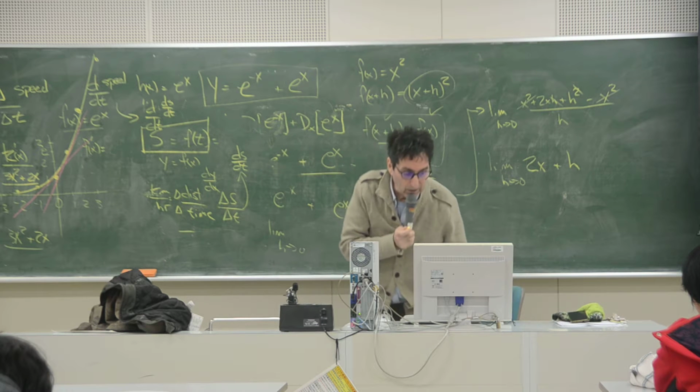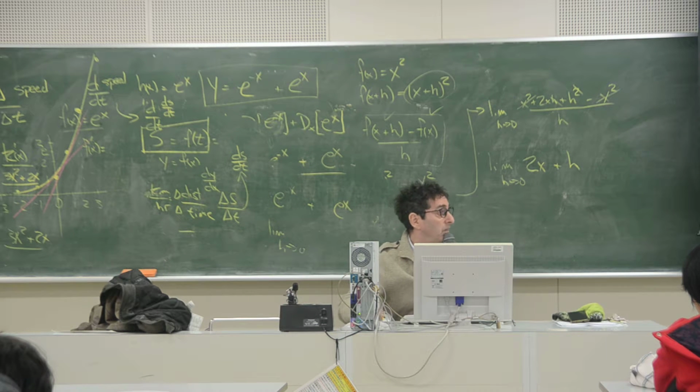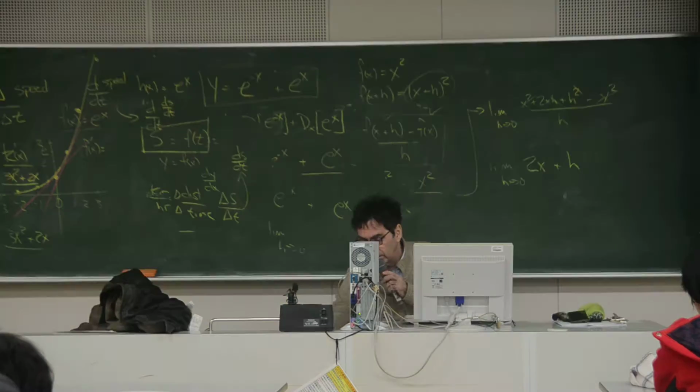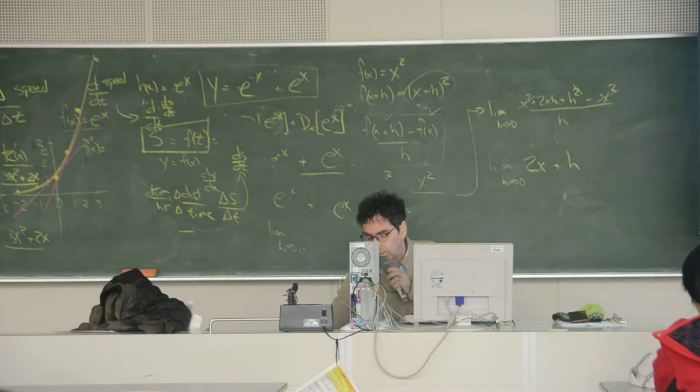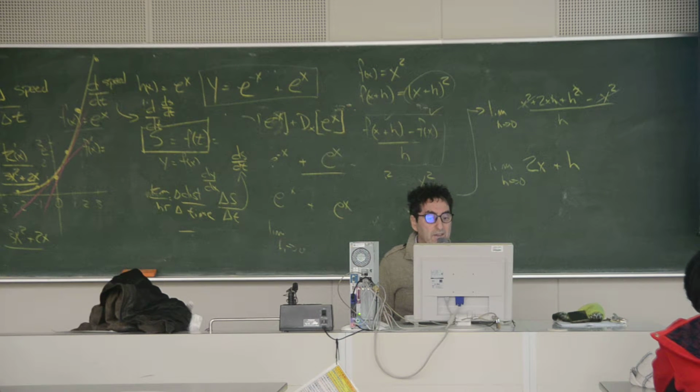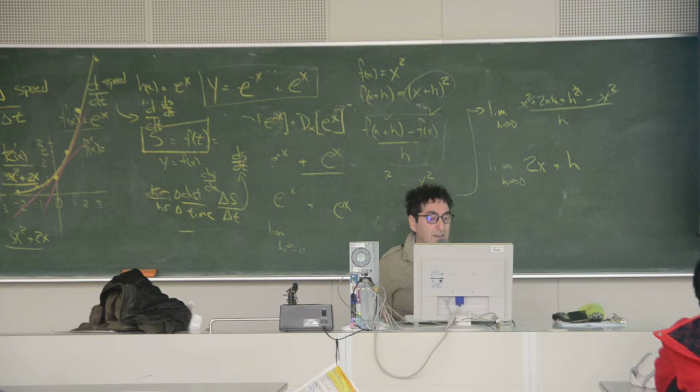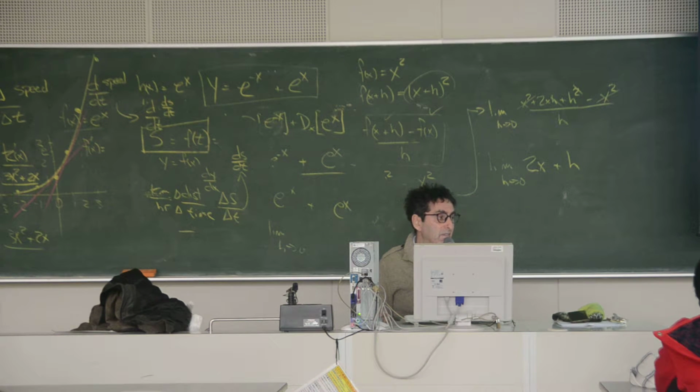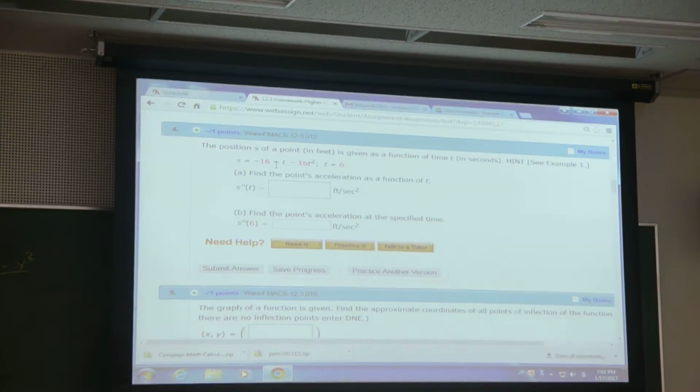So, here's the question now. It says the position s of a point is given as a function of time. So s is a function of time. And then find the acceleration. So how do you do that? Just find the second derivative of this, right? And that gives you the acceleration. So what is that? That's not too hard to do. This becomes 0.